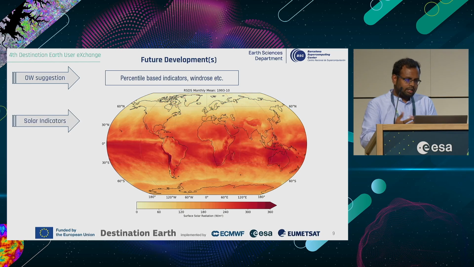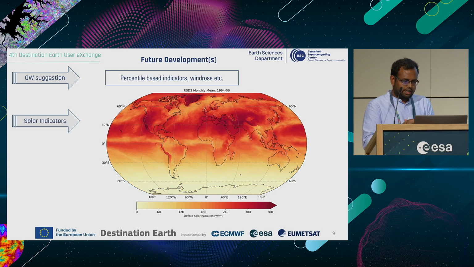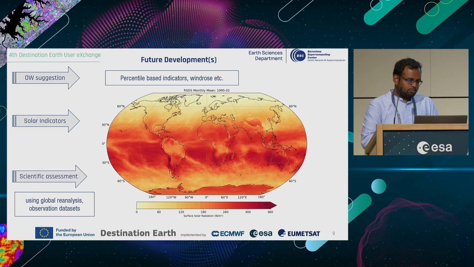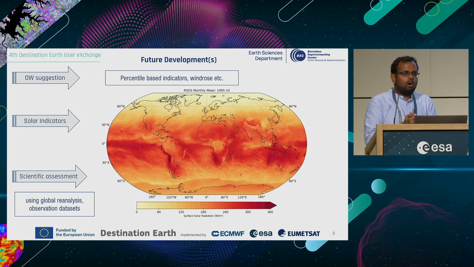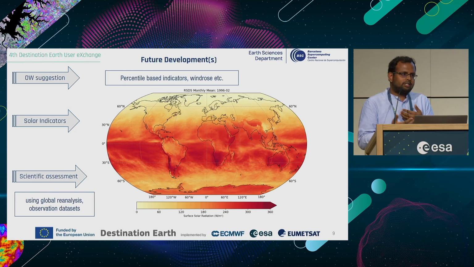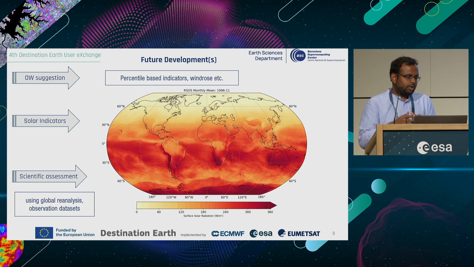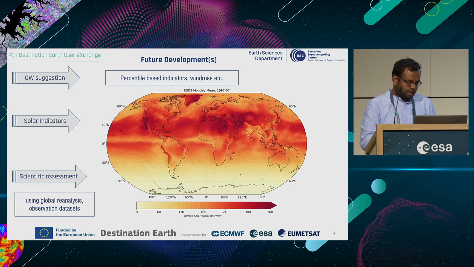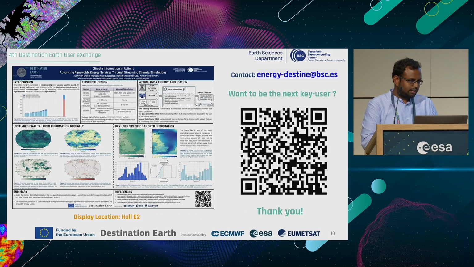And in future, we are going to use some solar indicators as well in the energy applications. As there are many questions regarding its scientific assessment or trustworthiness, to increase the trustworthiness of our applications' output, we are also doing a rigorous scientific assessment with Aqua, and these are the future developments we can expect in the next cycle.